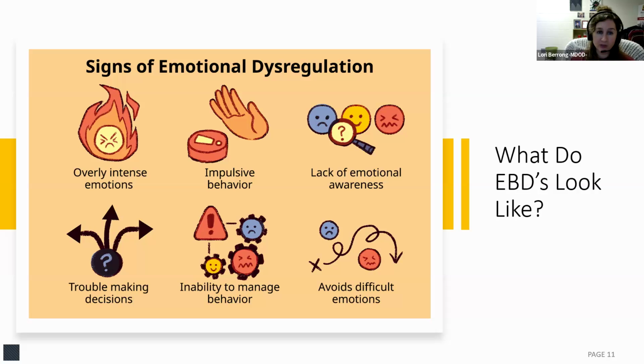Overly intense emotions, impulsive behavior, lack of emotional awareness, trouble making decisions, an inability to manage behavior, and avoiding difficult emotions. So those can be signs of dysregulation when someone's in the moment experiencing those things.